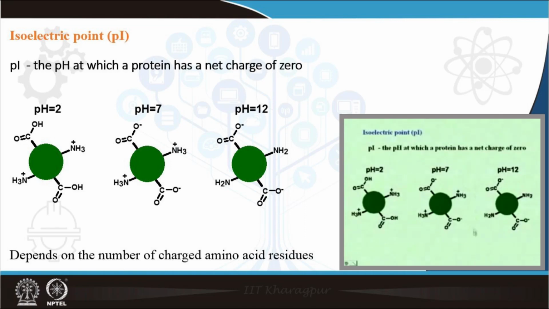The pI of that protein is going to be high. If I have an acidic protein instead, then what is going to happen to my pI? It is going to be a low value. Why? Because I am going to reach a net negative charge after the deprotonation of the carboxylic acid groups.